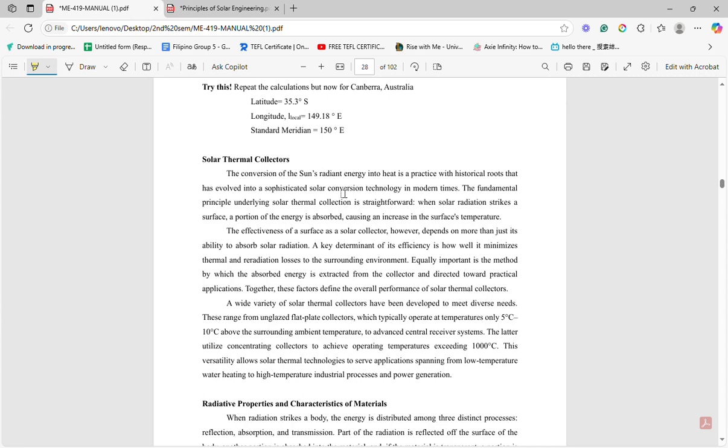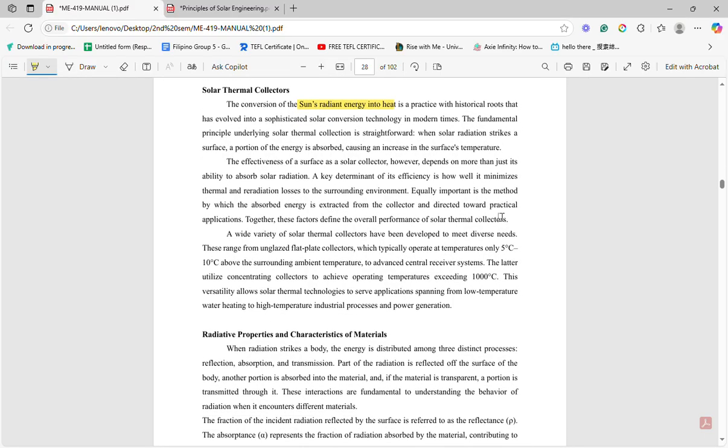The conversion of the sun's radiant energy into heat is a practice with historical roots that has evolved into a sophisticated solar conversion technology in modern times. The fundamental principle underlying solar thermal collection is straightforward. When solar radiation strikes a surface, a portion of the energy is absorbed, causing an increase in the surface temperature.